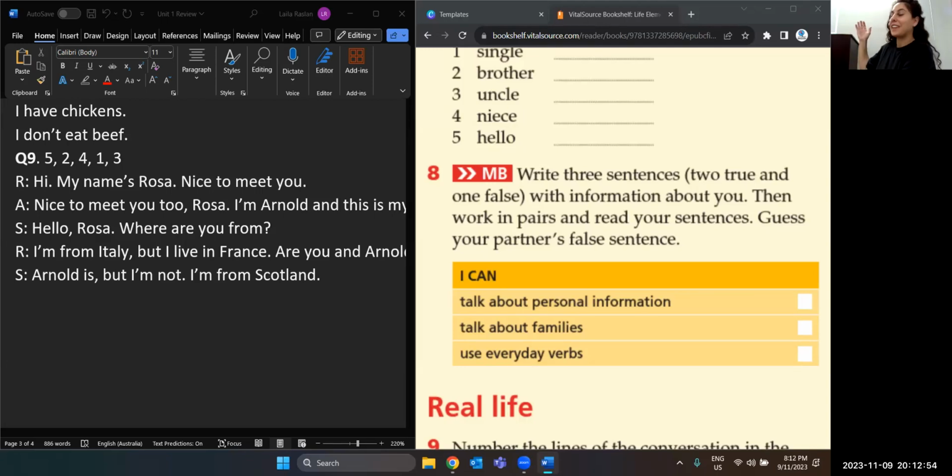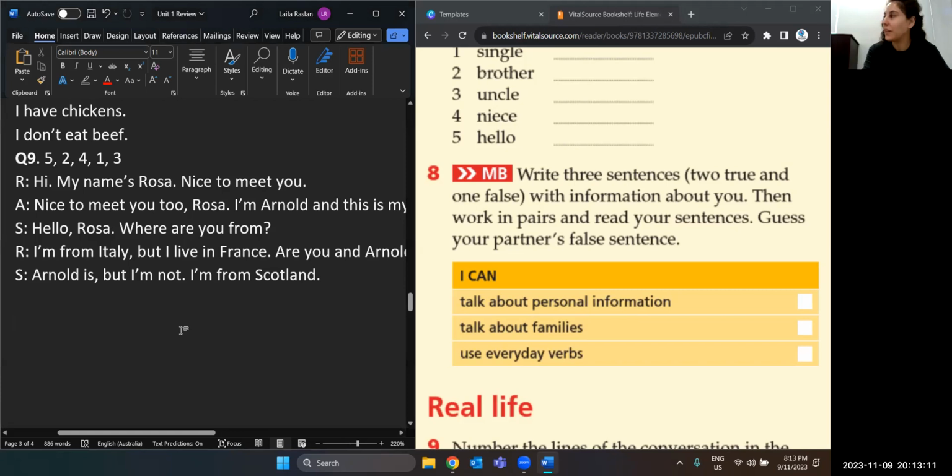Okay, good. So Jimena says, I like to eat beef. Is that right? I like to eat beef. I'm 31 years old. I don't like to play soccer. Which one is false?